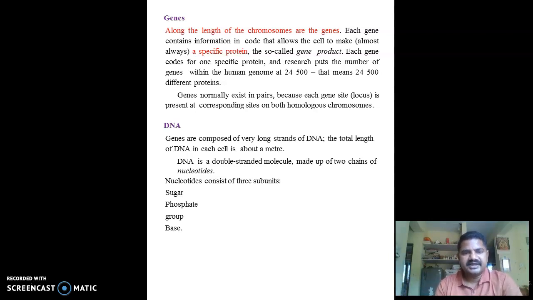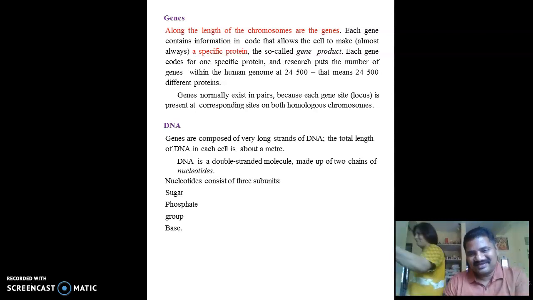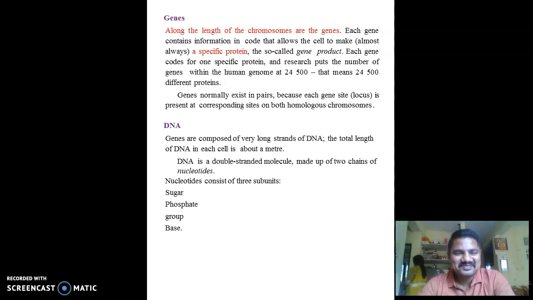Now comes DNA. DNA, we can say, is the very basic unit of the cell. Genes are composed of very long strands of DNA, and the total length of DNA in each cell is about a meter.